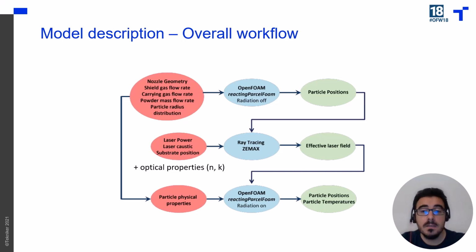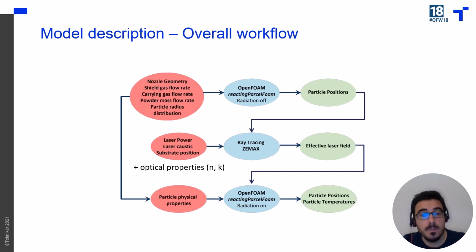In this slide, we show our modeling workflow. We have divided the research into three, let's call it, sub-models, each one corresponding to a row in this sketch. In the first sub-model, we deal with the nozzle, and we consider the powder cloud in Lagrangian formulation.